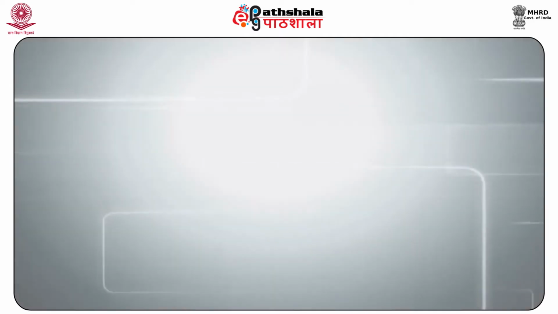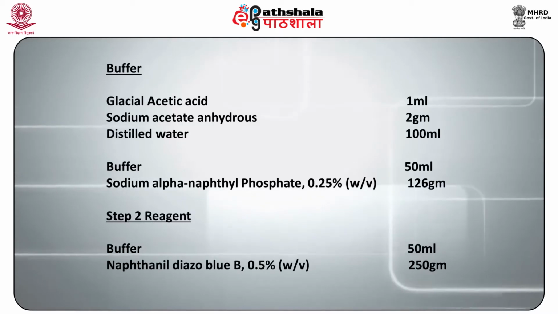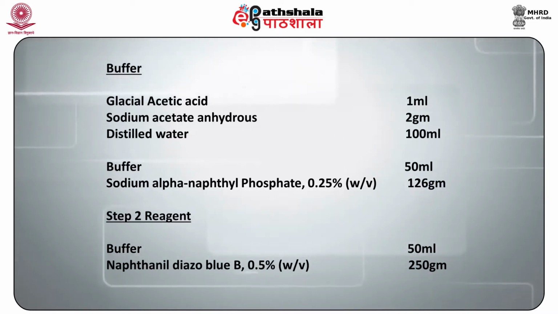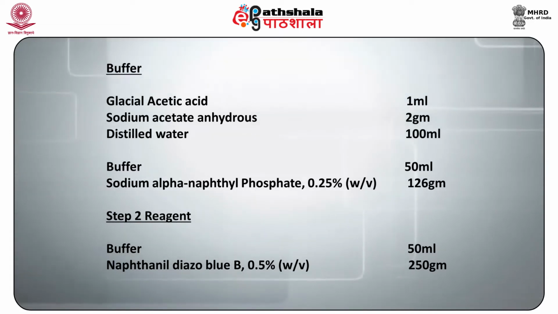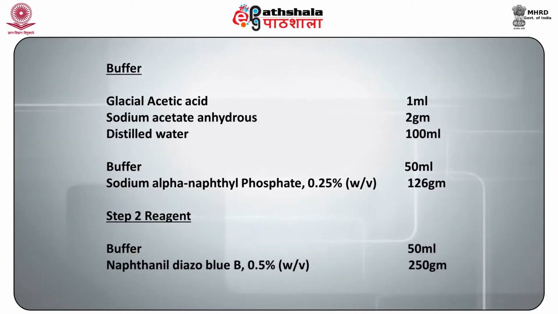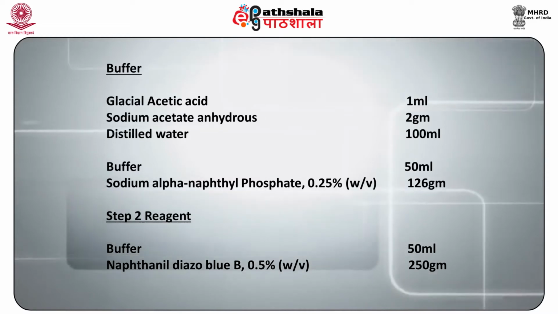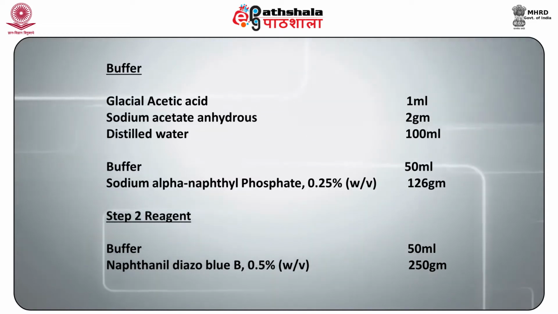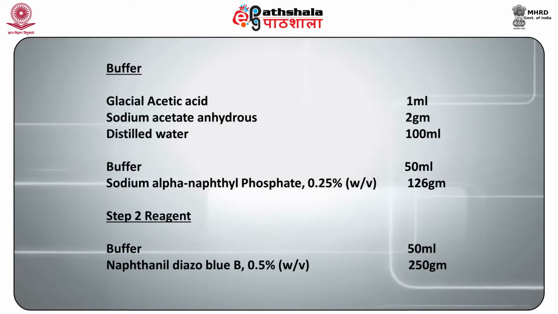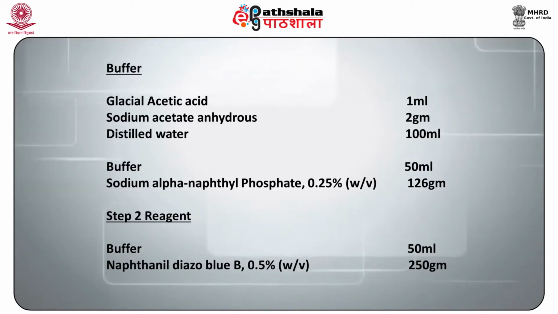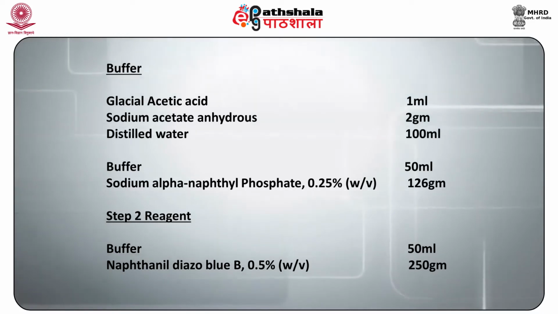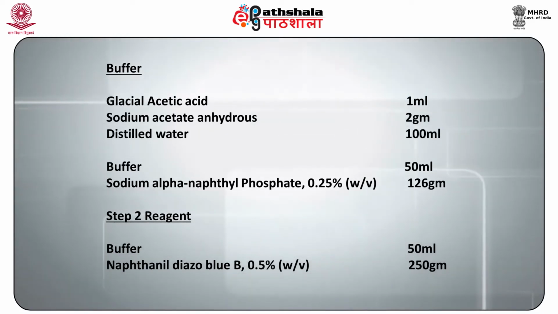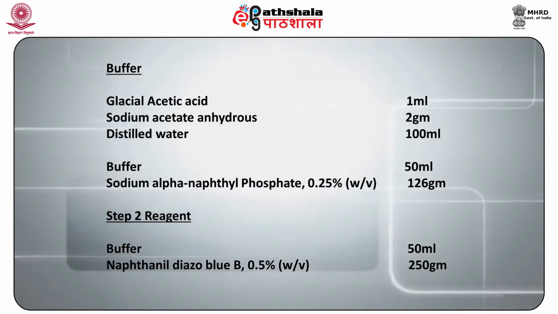Now let us see the reagents preparation. First is the buffer. We use glacial acetic acid 1 ml, sodium acetate anhydrous 2 gram, distilled water 100 ml. Now step 1 is to prepare reagent. We take buffer 50 ml and then sodium alpha naphthyl phosphate 0.25%, 126 gram.